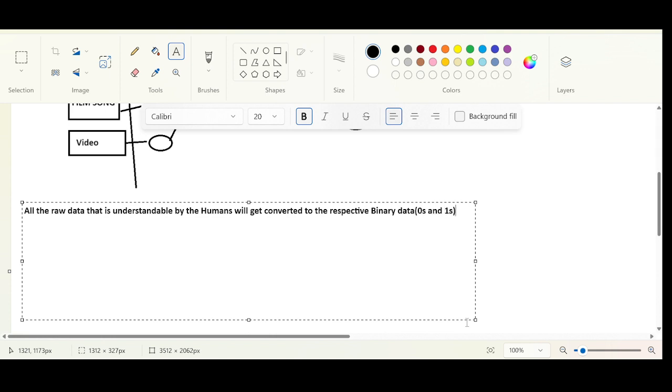Each and every sequence and each and every encoding has its own representation, which could be understandable by a machine.